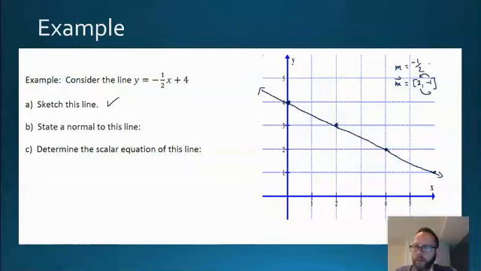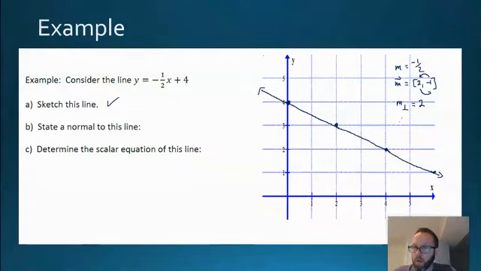If you can visualize that, you get -1/2, a perpendicular slope. Remember from grade 9, perpendicular slopes are negative reciprocals. The negative reciprocal of -1/2 is positive 2/1, or just 2.